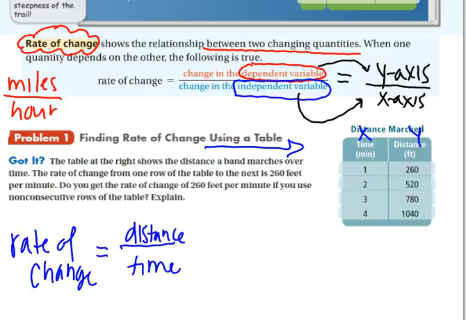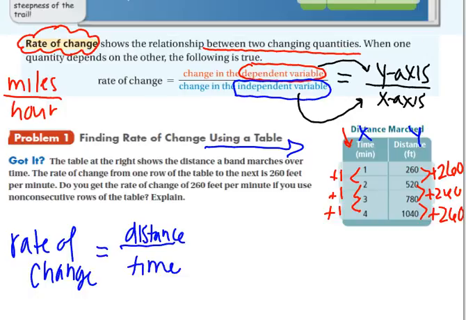Now, numerically, we got to figure out what that is. So what you do is, I look over here on this time column. What am I increasing by each time? By 1 minute, right? I go from 1 minute to 2 minutes to 3 minutes to 4. And then I look over here at my distance. How am I getting from 260 to 520? I'm adding 260 feet. Same thing here, 260, and same thing there, 260.